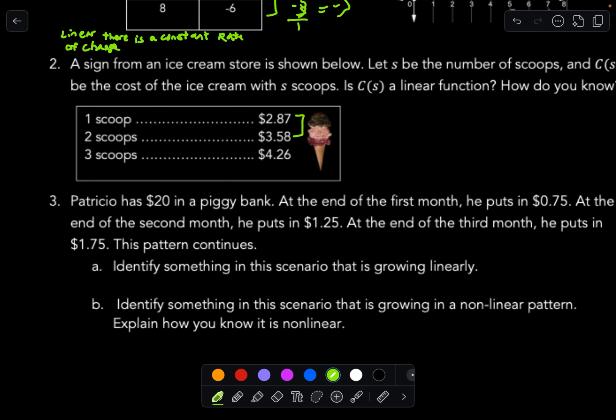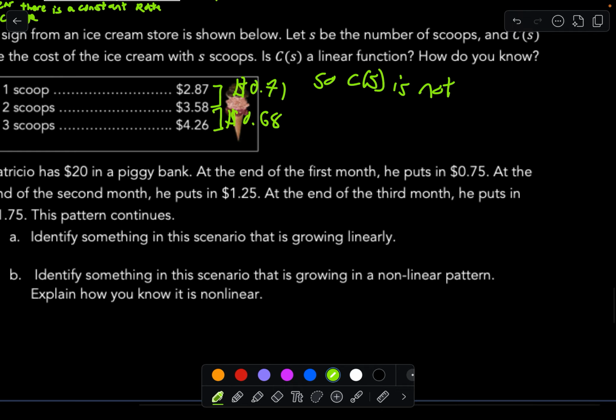So going from 1 scoop to 2 scoops, we increase the cost by 71 cents. All right. But when we go from 2 scoops to 3 scoops, we increase the cost by 68 cents. So C of S is not linear because it's not a common rate of change.